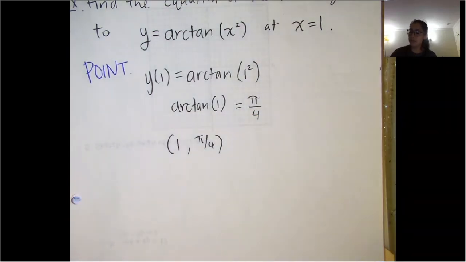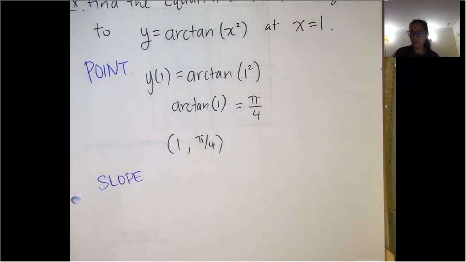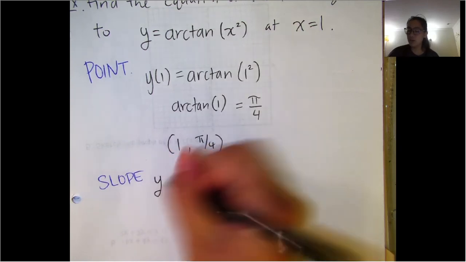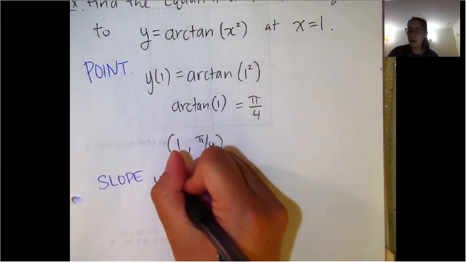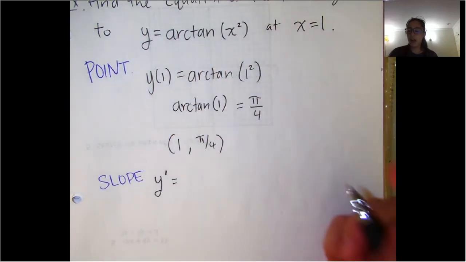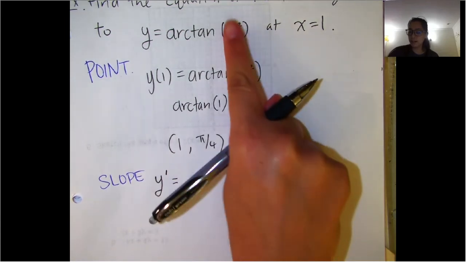Now we want to find the slope. How do you find the slope? Well, we take the derivative of y equals arctangent of x squared. So the derivative is y prime equals, and the derivative of arctangent of something is 1 over 1 plus x squared. So we're kind of like covering this up.